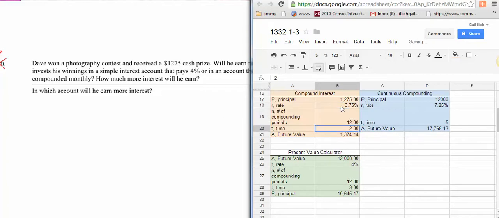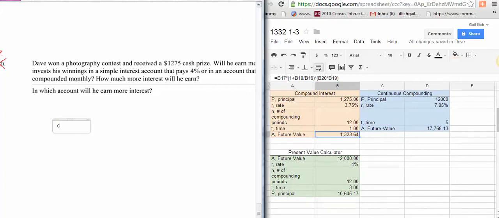And we want to know how much he has at the end of 1 year. So there it is. Compounded monthly, he has $1,323.64.